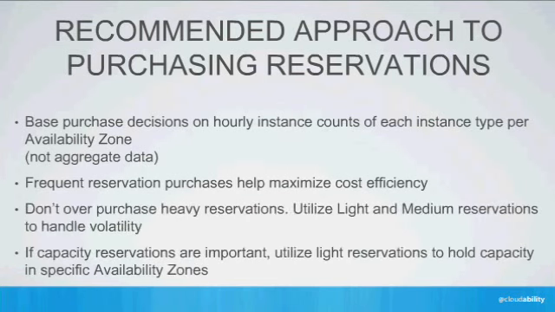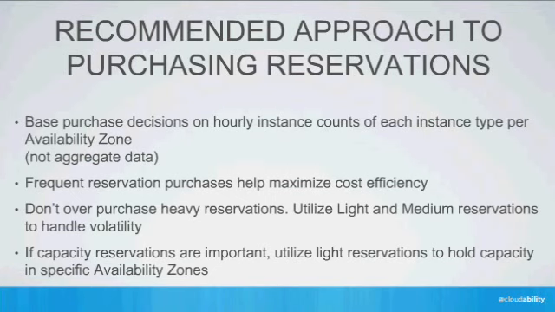So to sum up, our recommendations for purchasing reserved instances: base your purchase decisions on hourly instance counts, not on aggregated data. That gives you the ability to align, as in the example I gave where you could buy one heavy instead of 3 lights.